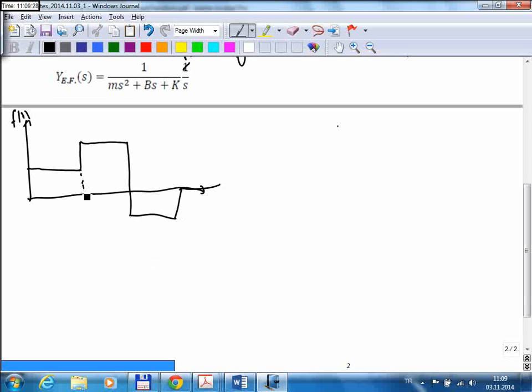So if I give you this signal, and let's put some numbers here, you can calculate the response to this, right? We did this in class before. You just divide this signal into different steps, and you can take the transformation that way.